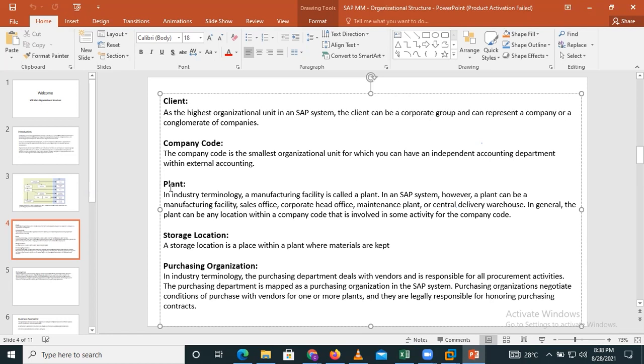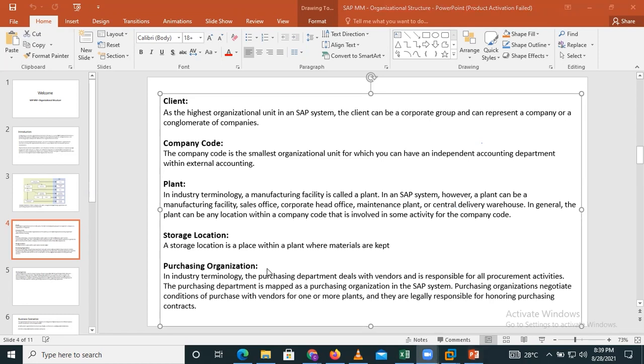That is the reason we are extending that material for a sales organization. When we create a material, I will try to explain that. Okay. Yeah, thanks. Anyone else?